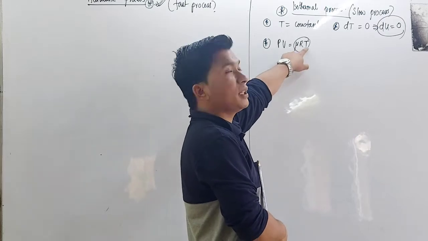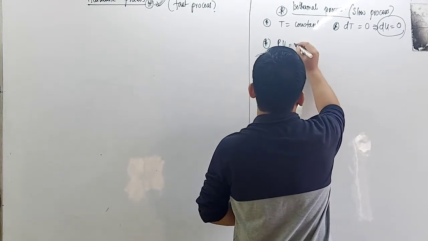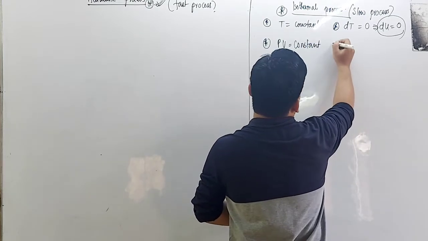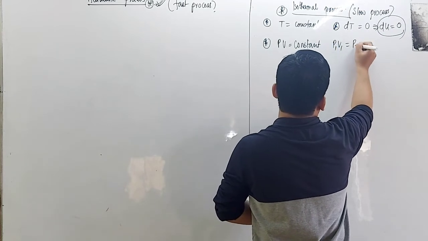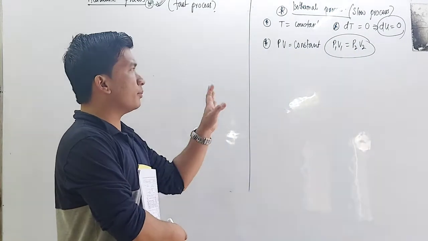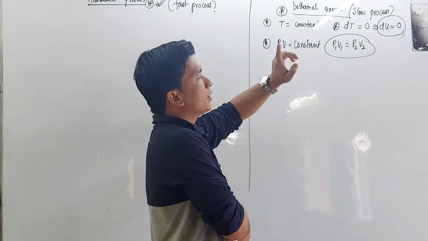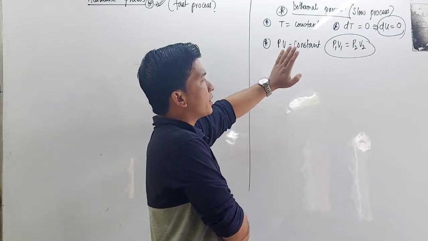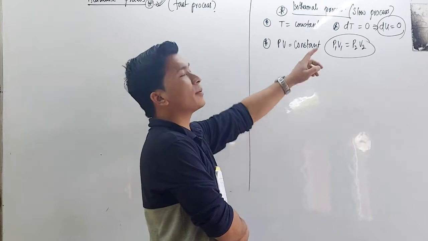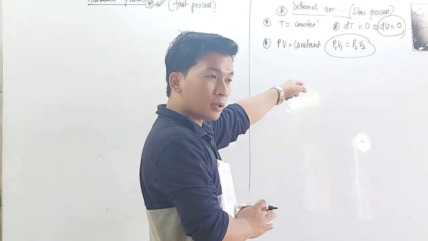Mu is constant, R is constant, T is also maintained constant. So we can write PV equal to constant, that is P1 V1 equal to P2 V2. This will be the equation for any process involving pressure and volume where the temperature is constant. P1 V1 equal to P2 V2 is also known as Boyle's law.